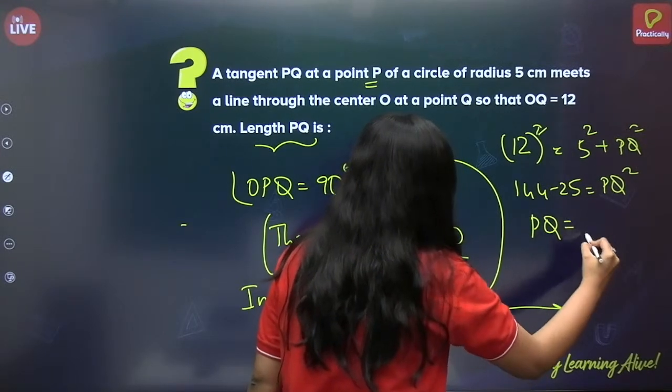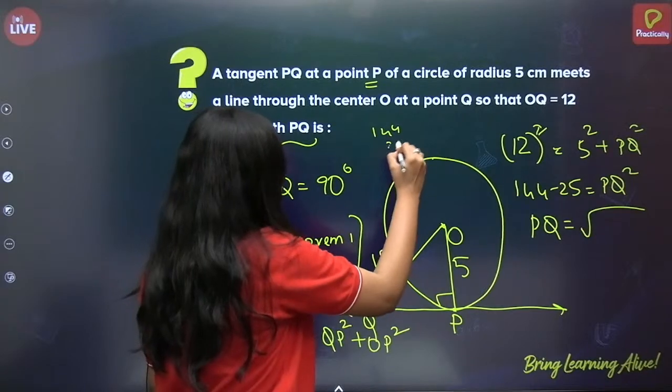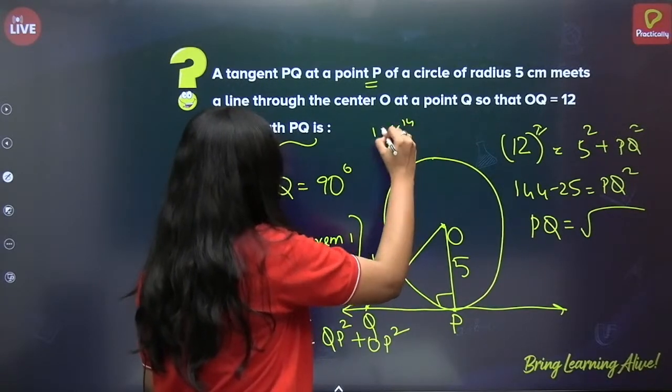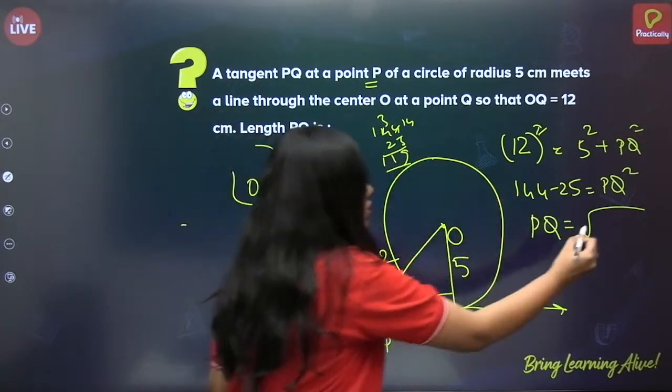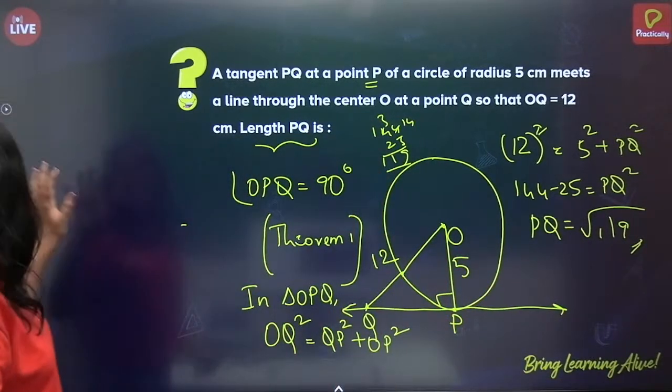PQ is equal to under root of 119. So 144 minus 25, correct? So this is 14, this is 3. 119. Root 119. Very good. So we have just applied the theorem here. Nothing else.